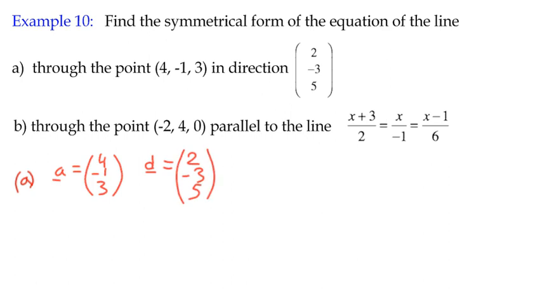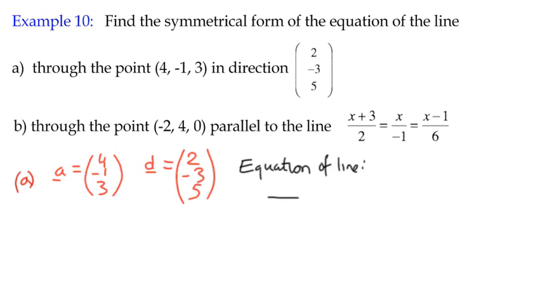Now, although we could go through the idea of making a vector form into parametric, then into symmetric, we can actually just use the template for the equation of a line. So all we need to say is that the equation of the line is as follows.